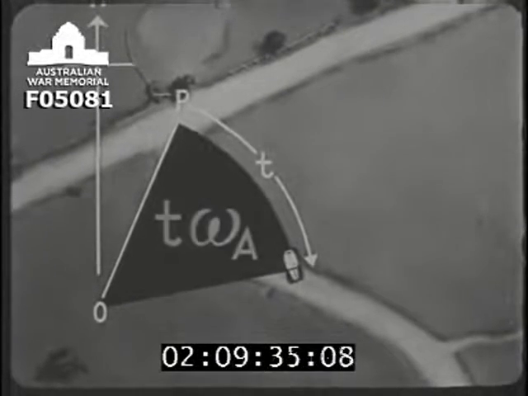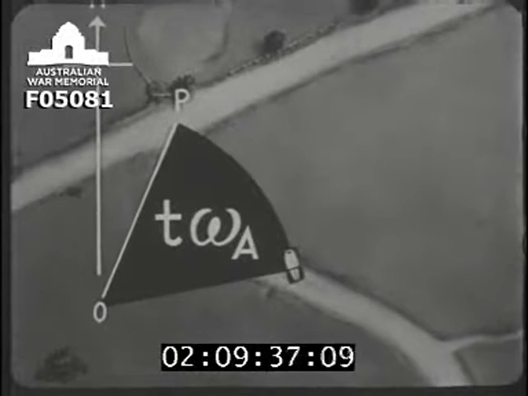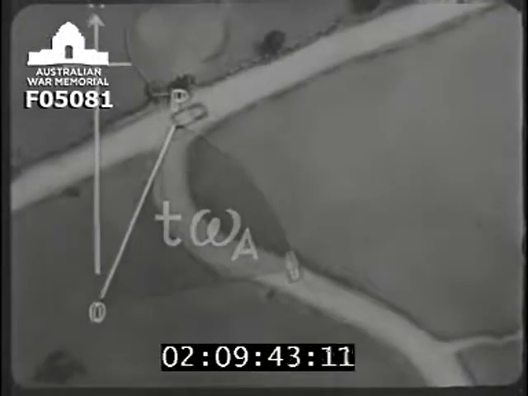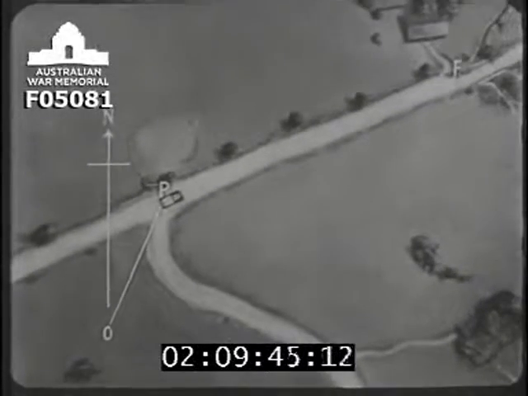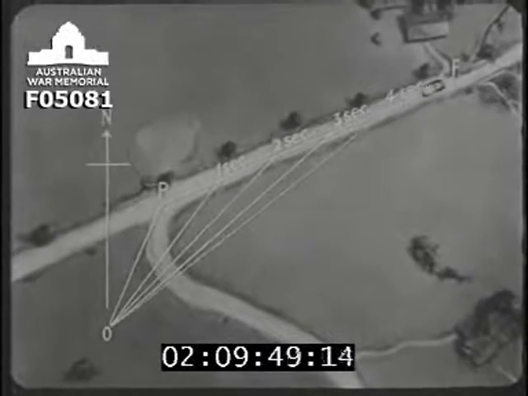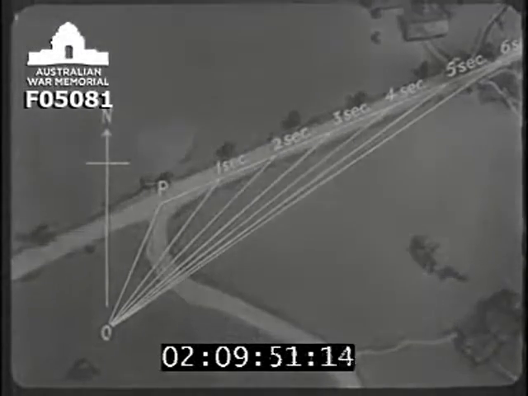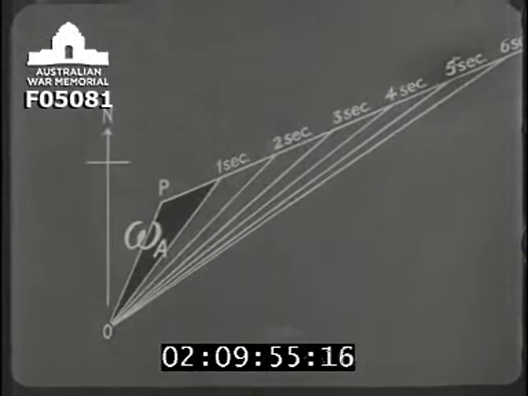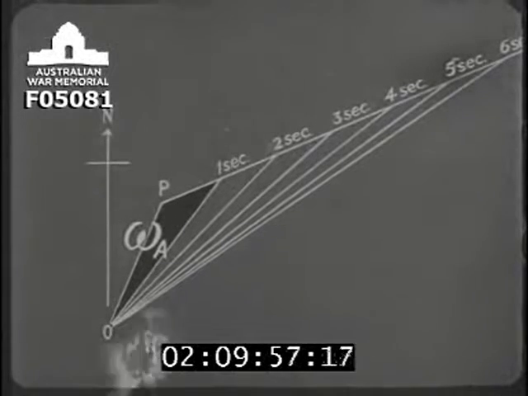Nice and easy. But to get this result, he had to travel in a circle. Let's make it go straight. Look how big its omega A was here, and how small there.